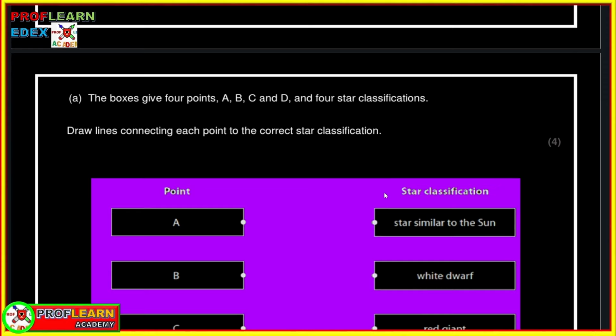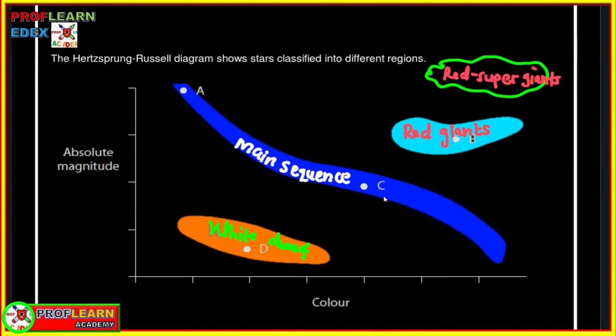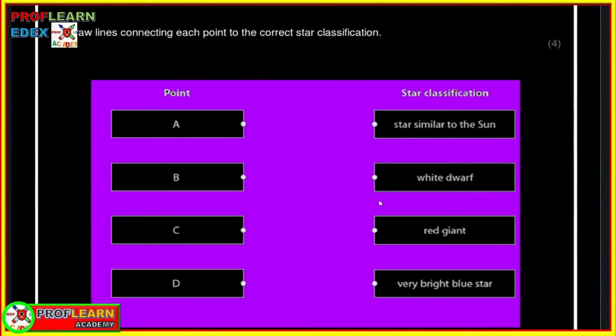Now, the boxes give 4 points, A, B, C, and D, on the 4-star classification, and we're supposed to draw lines connecting each point to the correct star classification. A is a bright star, brighter than the sun, because it's at the higher point. So that is going to be a very bright blue star.